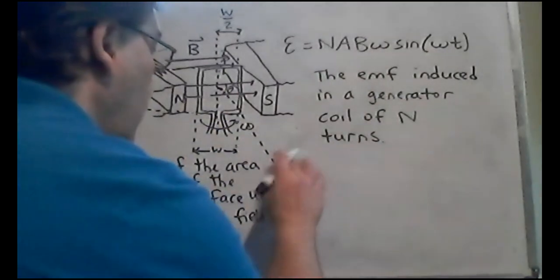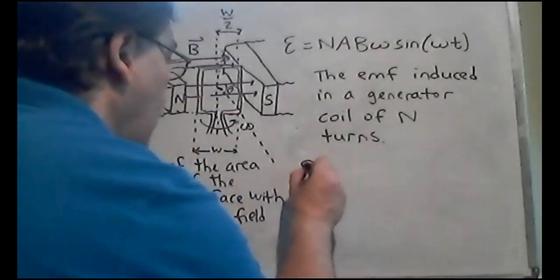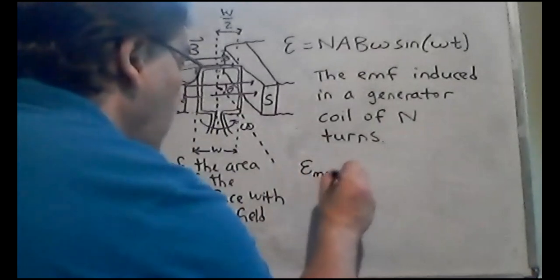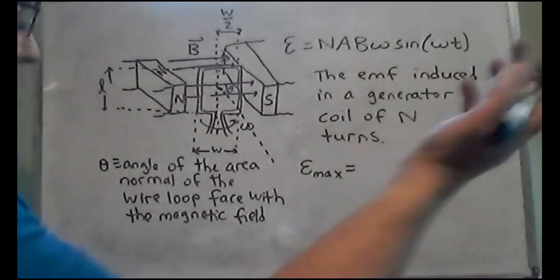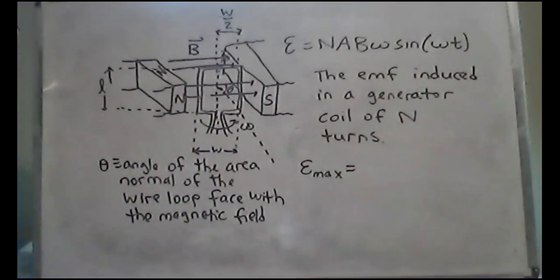Like I said with the motor, if I want the max, I maximize the sine function. Let the sine function go to a max value of 1. Sine of pi over 2 radians, or 90 degrees, is 1. I apologize, not pi. Pi is 0.